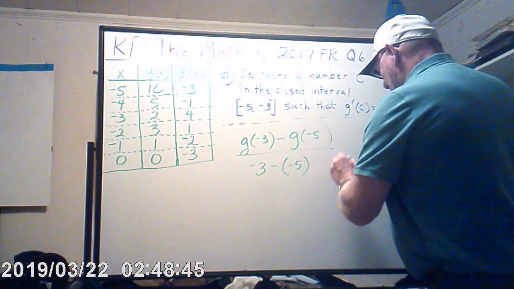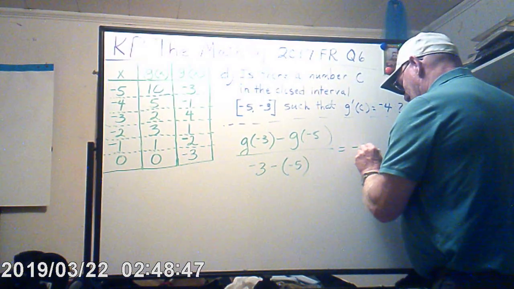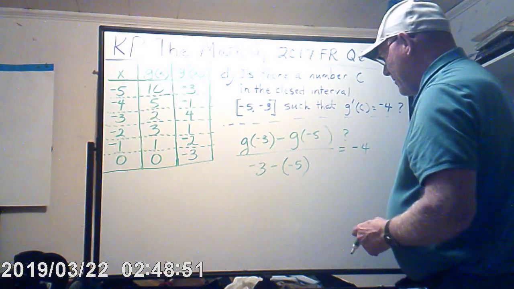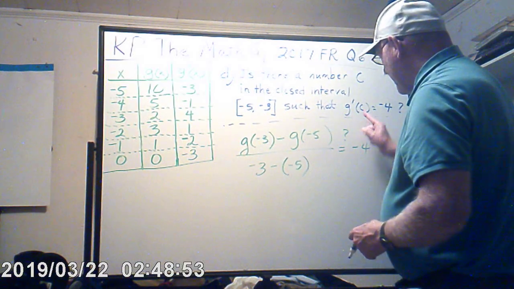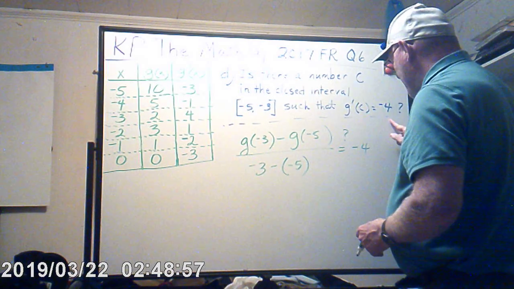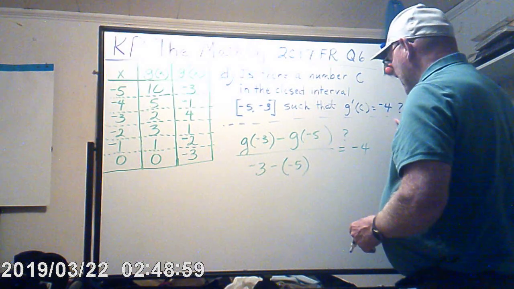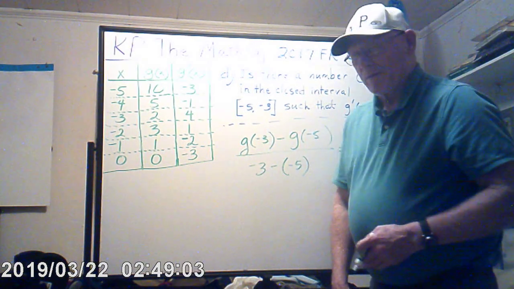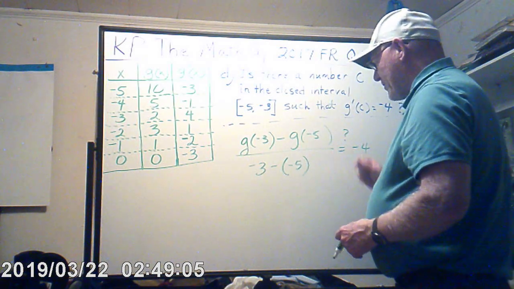And we want to know, is this equal to -4? Is there such a C such that this g prime, this slope, is equal to -4? Well, this is the definition of slope here. Okay, let's see if it's so.